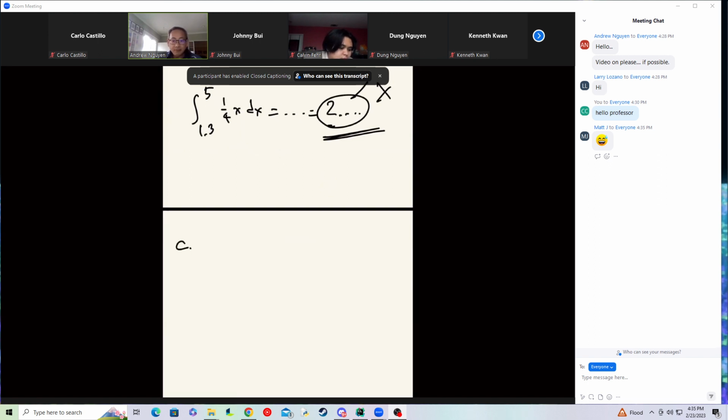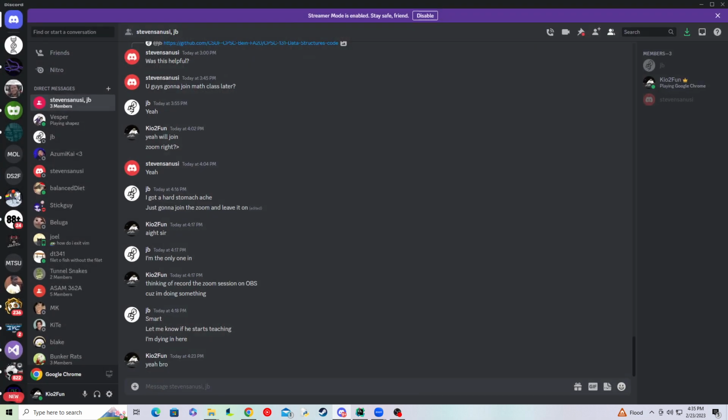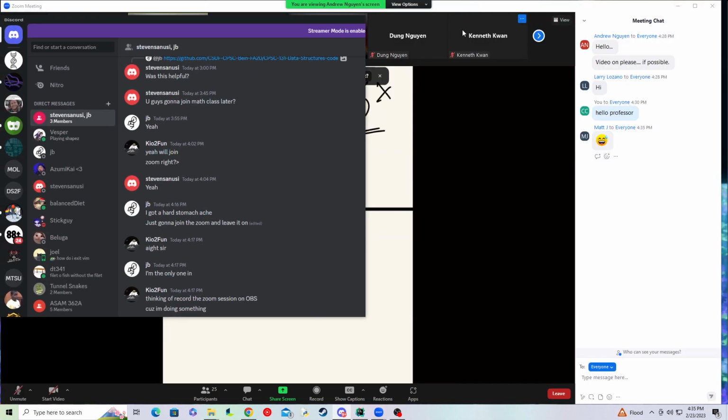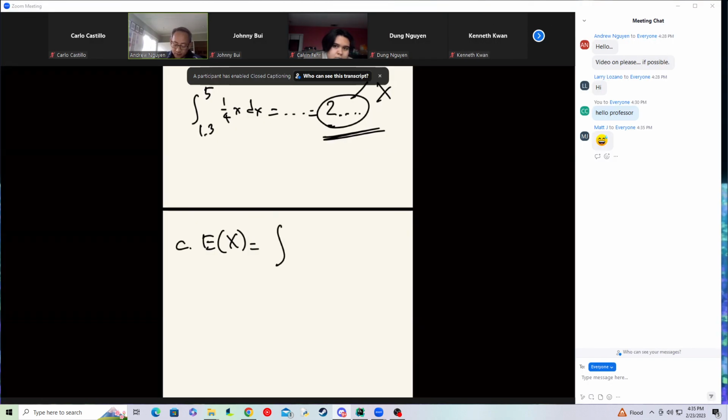For part C, I'm asking for the expected value of x. It's x times the density, so the integral of x times 1/4 x dx from 1 to 3. You pull out the 1/4, and the antiderivative of x squared is x cubed over 3, from 1 to 3.